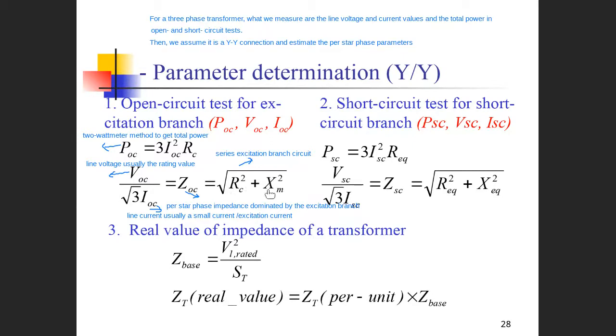Because when you have the voltage and current, you also have the power and the power factor, that is the angle. So you can estimate the impedance angle by comparing the impedance values with the power, and the direct product of current and voltage is S, right? So this is the power factor.